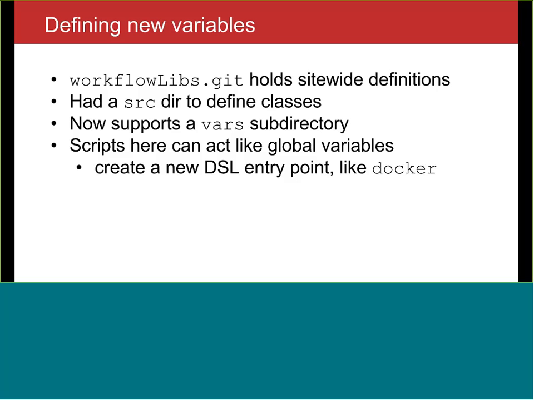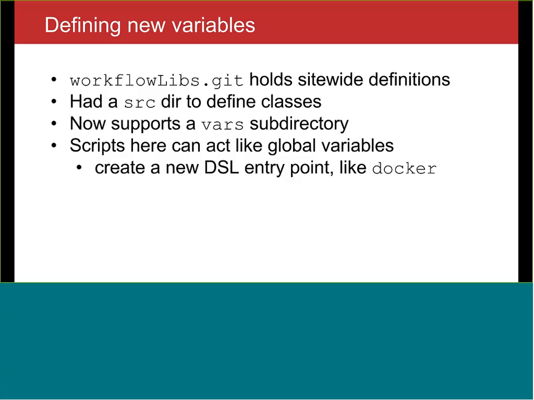Now there's a new subdirectory, which is called vars for variables. And here you can put special scripts which essentially define new global variables. So these are identifiers that become available to any workflow script running on the system. And this allows you to create a new entry point to a whole subsystem that you define.